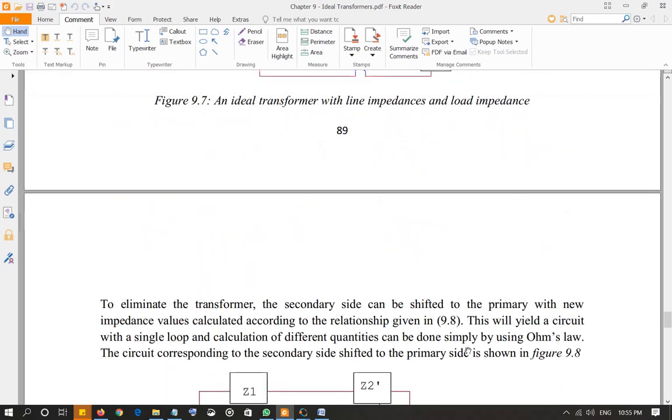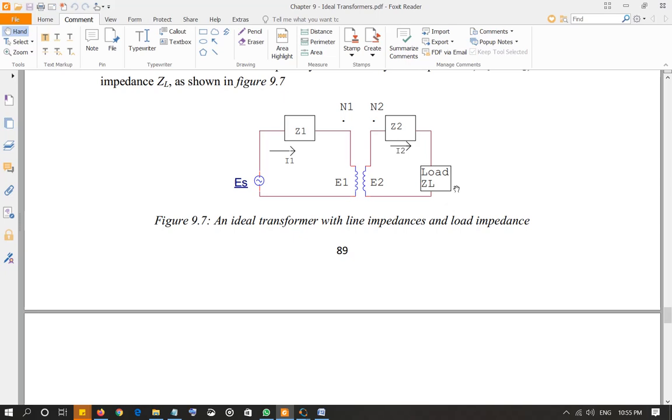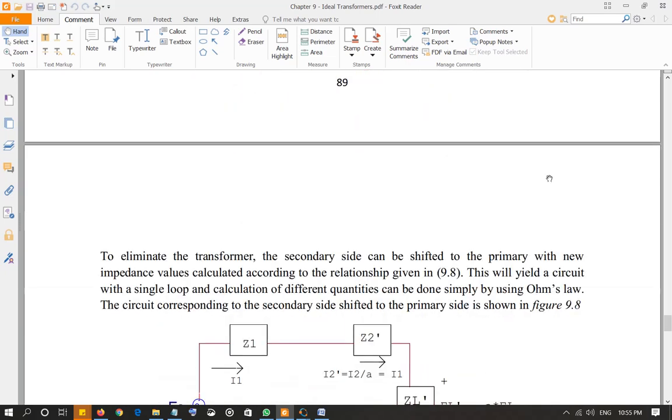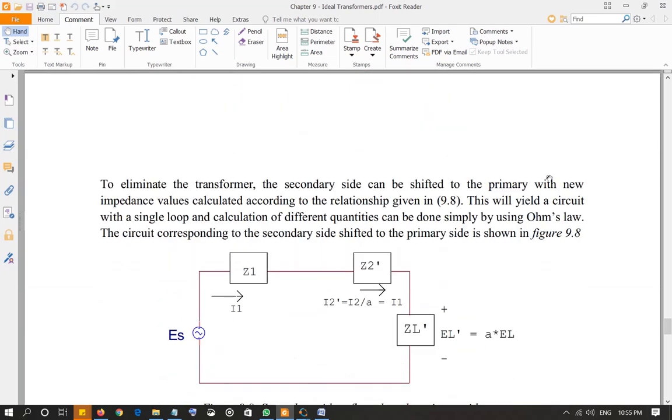Likewise, the voltage across the load, EL, is also reflected on the primary side, and that will be A times EL, because the ratio between the voltage on the primary side and the secondary side is equal to the turns ratio.